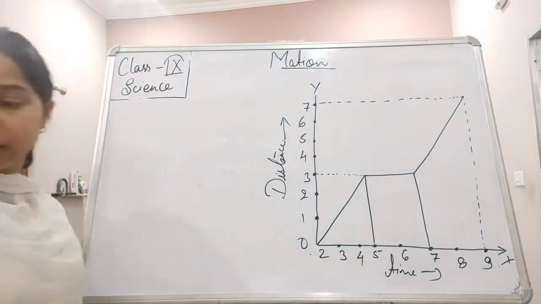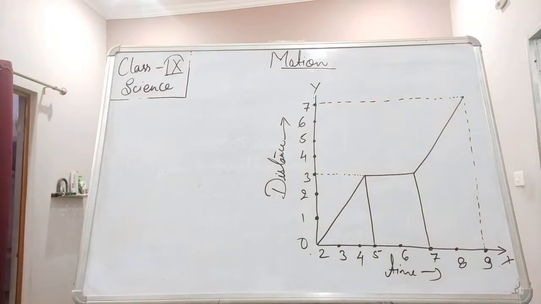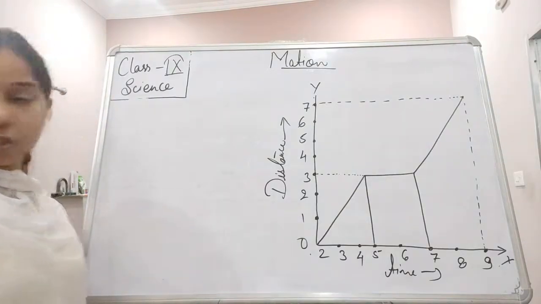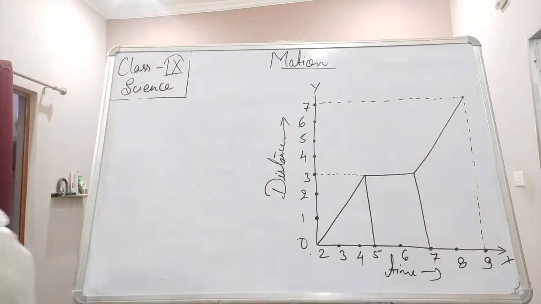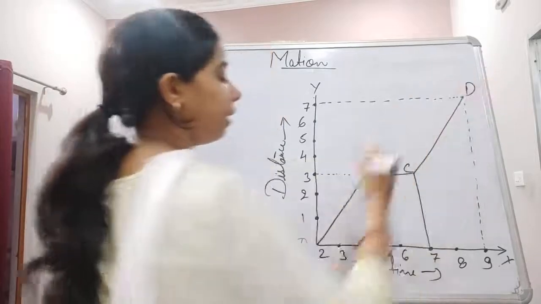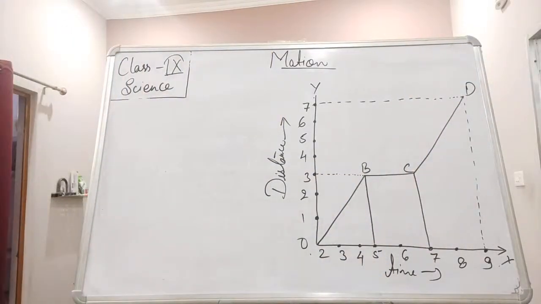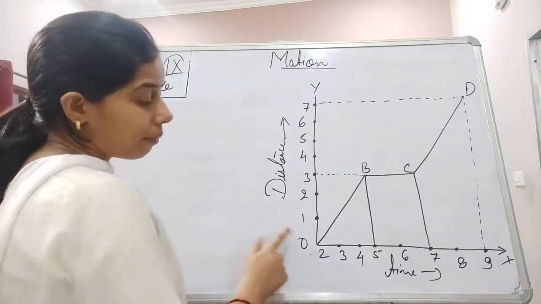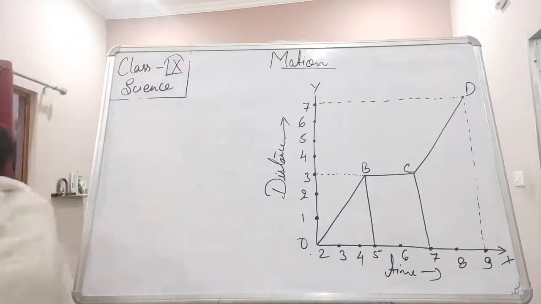Now the question is, the graph given below shows the position of the body. This is B, this is C, this is D. This is showing the different positions of the body, the distance traveled by it in different times.